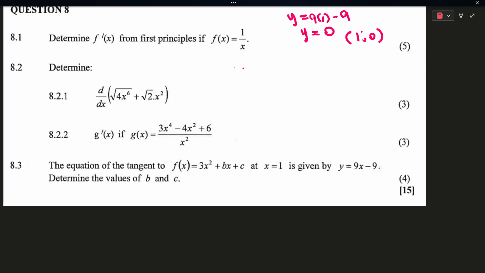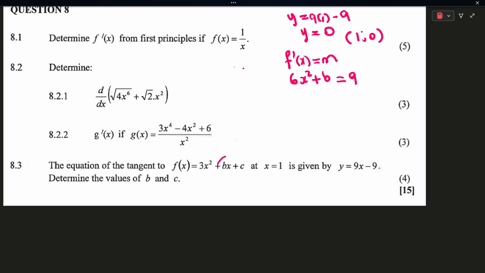And then now, remember, learners, whenever we talk about the equation of the tangent, we know that the first derivative of f should be equal to the gradient. That's what we know. Let's derive this f of x. What are we going to have? It will be 6x plus b. Yes, 6x plus b is equal to what? 9.